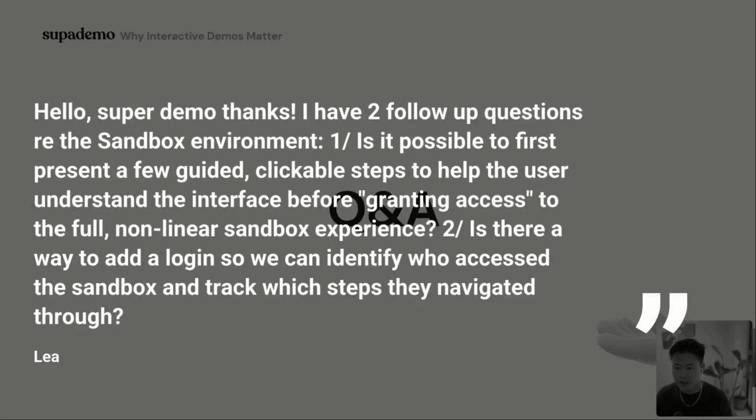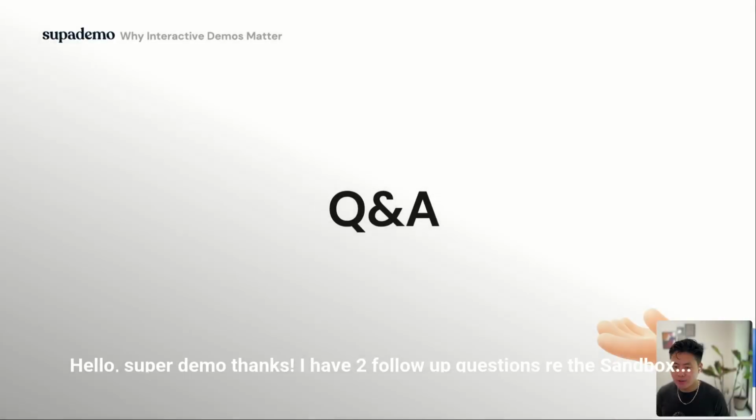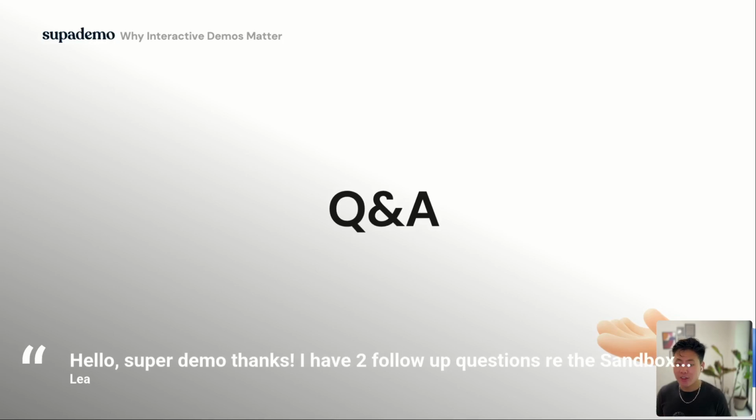Okay, Leah, 2 questions. Is it possible first to present guided clickable steps to help users understand the interface? That is a great question. I'm going to answer that first. So yes, you can. One of the benefits of sandbox environments is you can mix and match invisible hotspots that are non-guided along with guided hotspots as well.